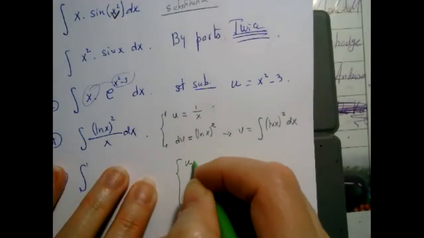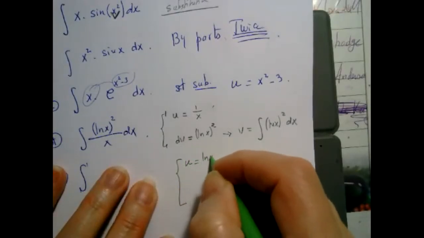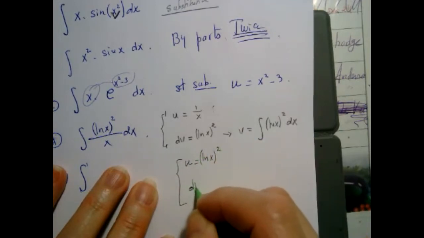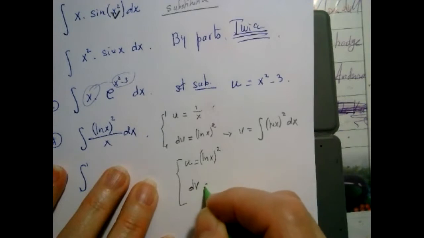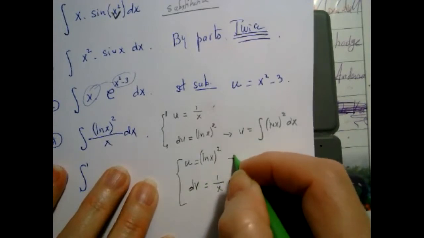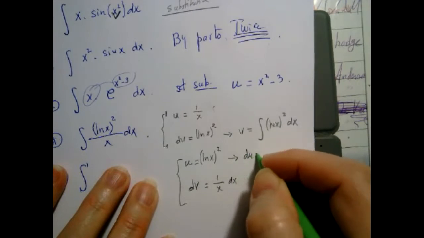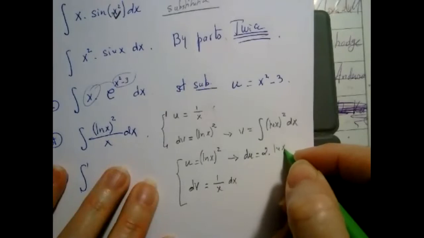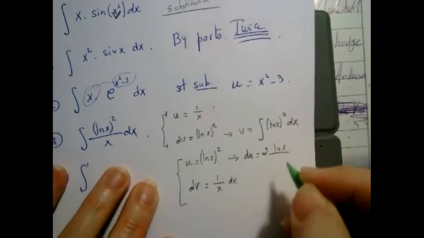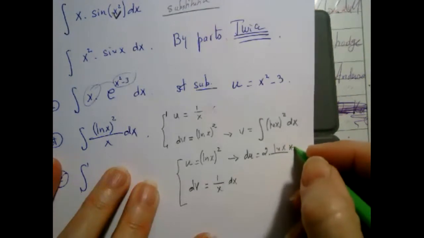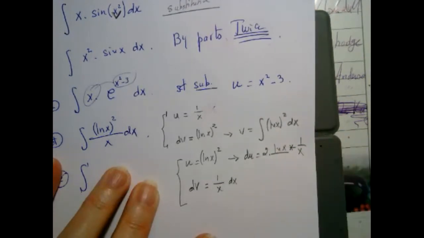So you want u to be ln of x squared, and dv is 1 over x dx. So this is going to give you du equals 2 times ln of x times the chain rule, 1 over x.